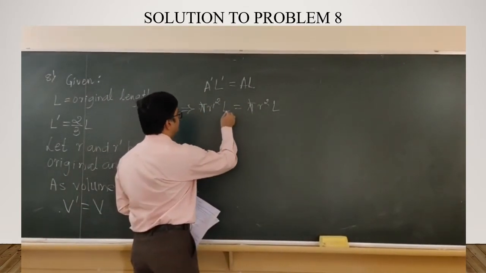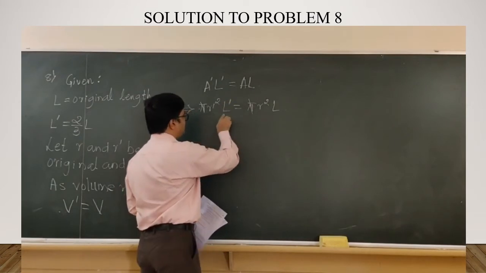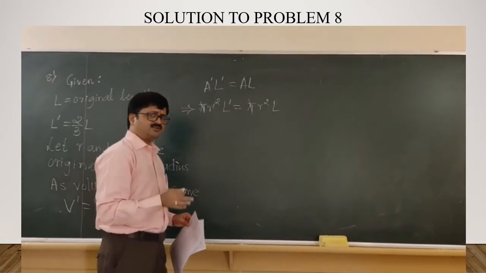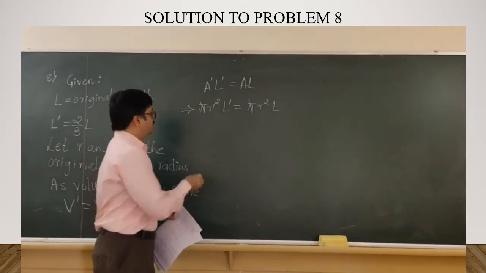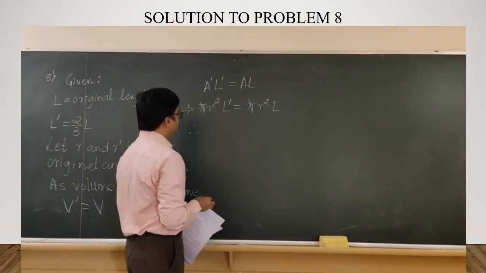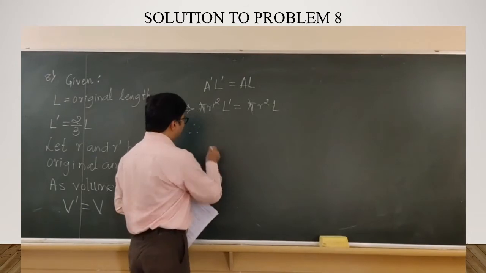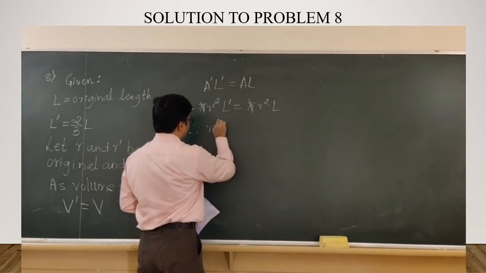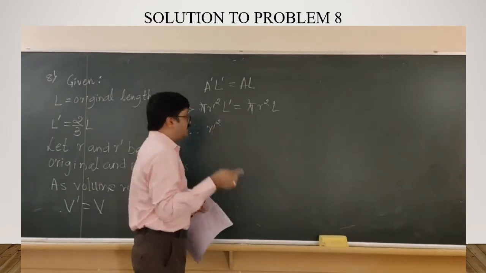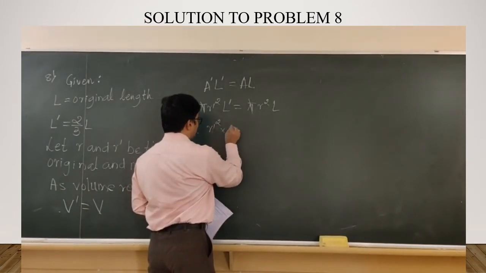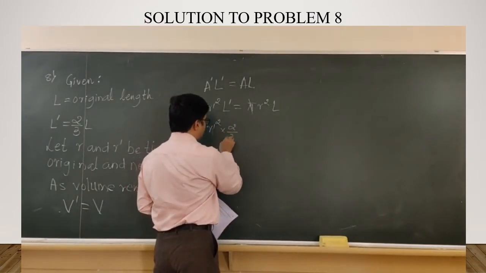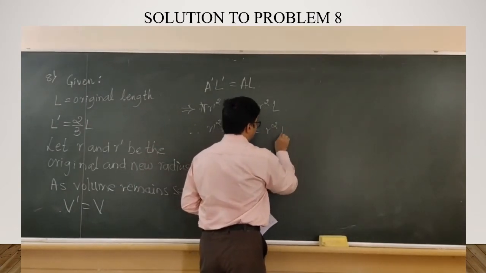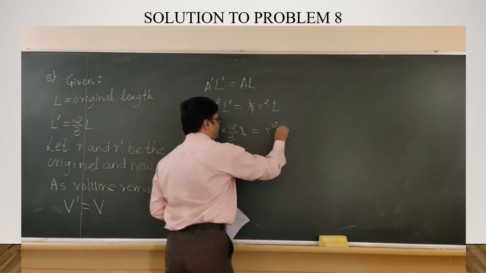I know that lengths L dash and L have a relation: L dash is equal to 2 by 3 times of L. So therefore I can say very clearly R dash square into 2 by 3 times of L is equal to R square into L. Again L can be cancelled off.